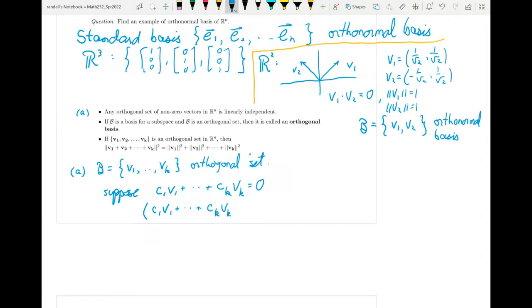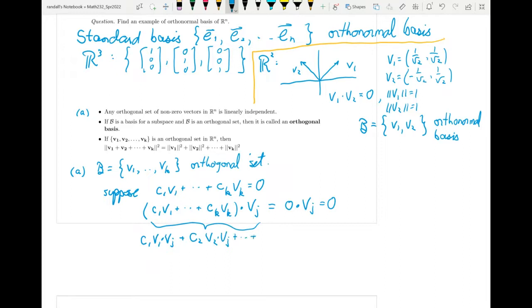I'm going to pick one of the vectors and do the dot product, okay? Which means that on the right-hand side, I do the same thing. 0 dot vj is going to be 0, right? But when we do the left-hand side, we're going to get a sum like this: c1 v1 dot vj plus c2 v2 dot vj.